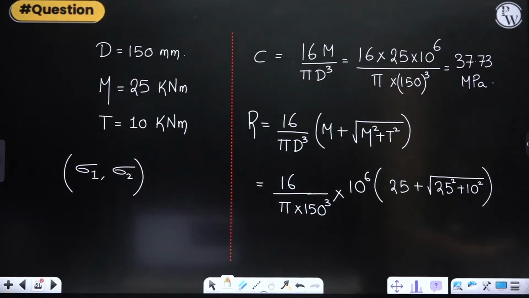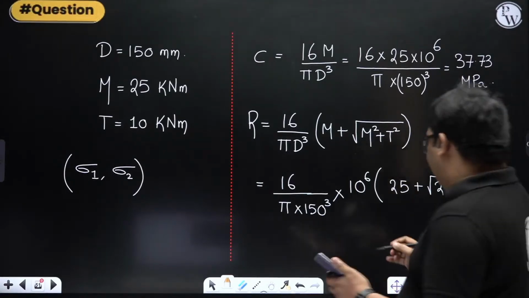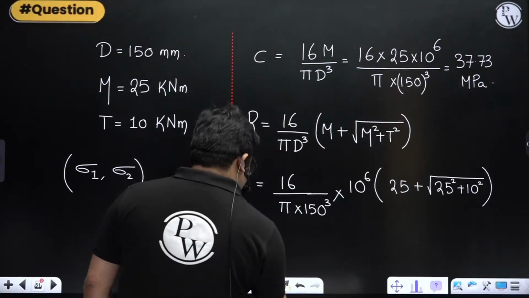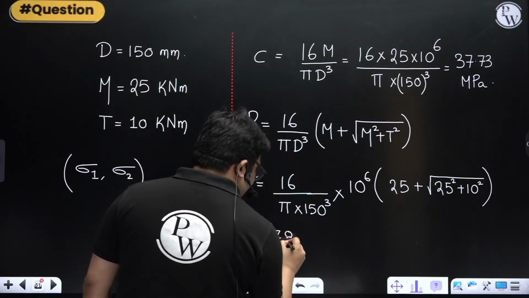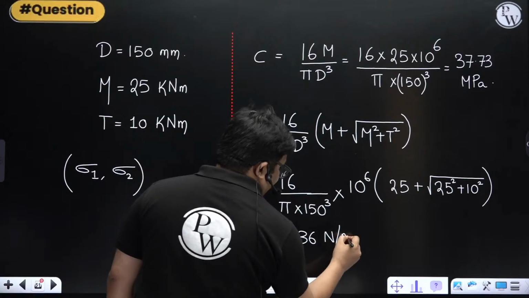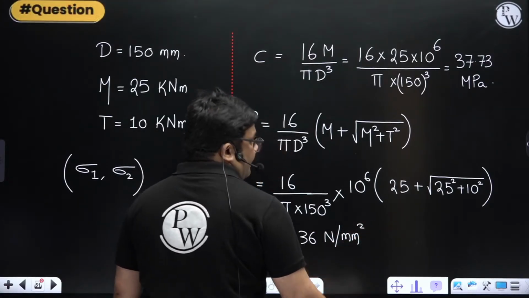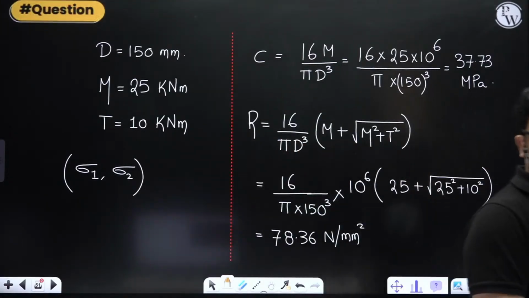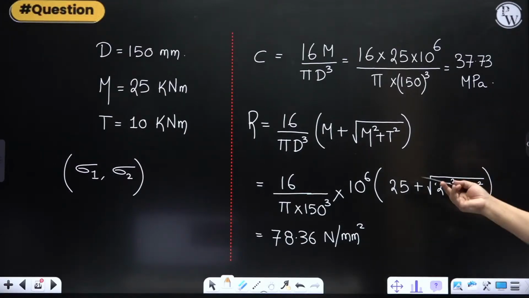I'm getting the radius as 78.36 Newton per mm square. So we got the center, we got the radius.